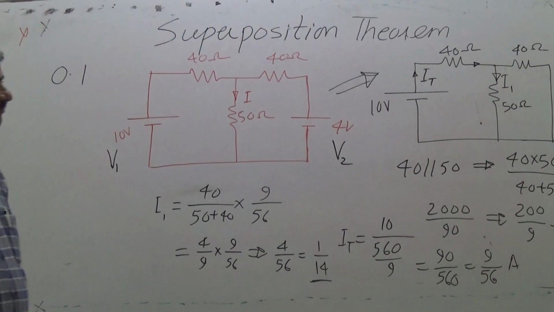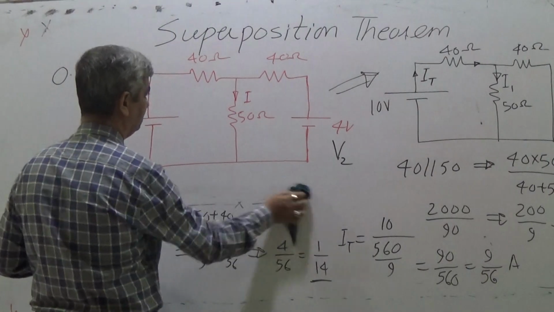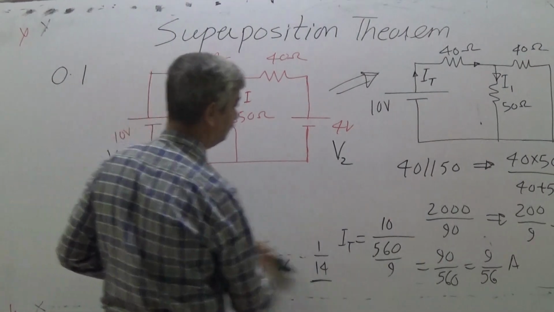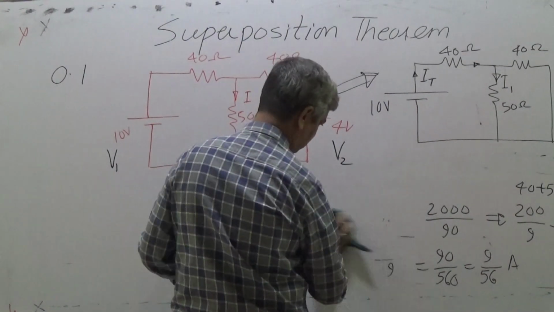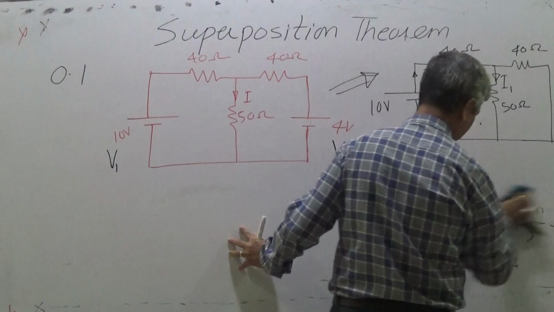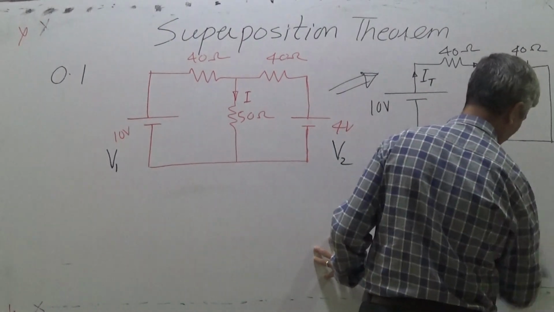Now, is it clear? So I1 is equal to, we write somewhere else. Actually we can find the next answer very quickly, but I will refrain and go stepwise.